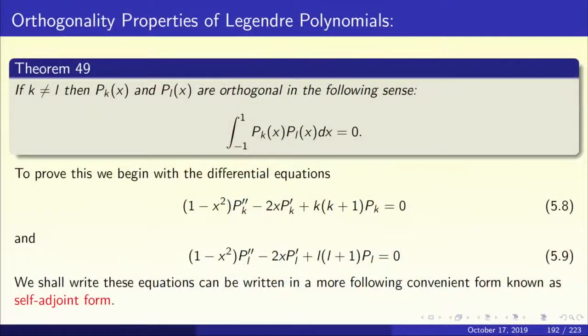So pk satisfies the Legendre equation. That is display 5.8 in the slide. Similarly, PL satisfies the Legendre differential equation, that is display 5.9 in this slide. Now let us combine the first two terms in the differential equation and write it in a more convenient form called the self-adjoint form.